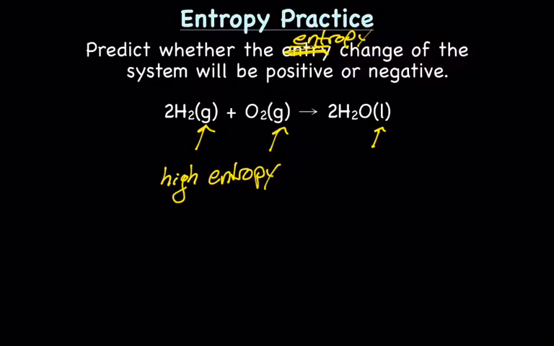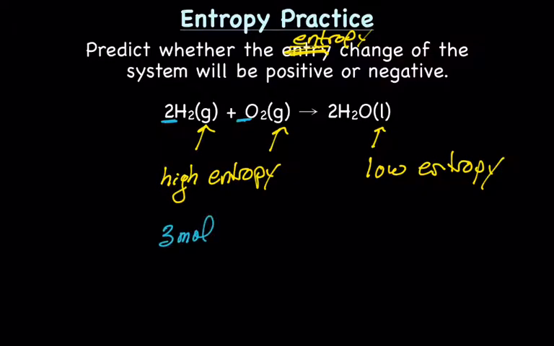Going to a liquid which has a lower entropy. More disorder, lower entropy. We could also look at the number of particles on the reactant and the product side. On the reactant side, we have 2 moles of H2 and 1 mole of O2, which means we have a total of 3 moles of reactant.